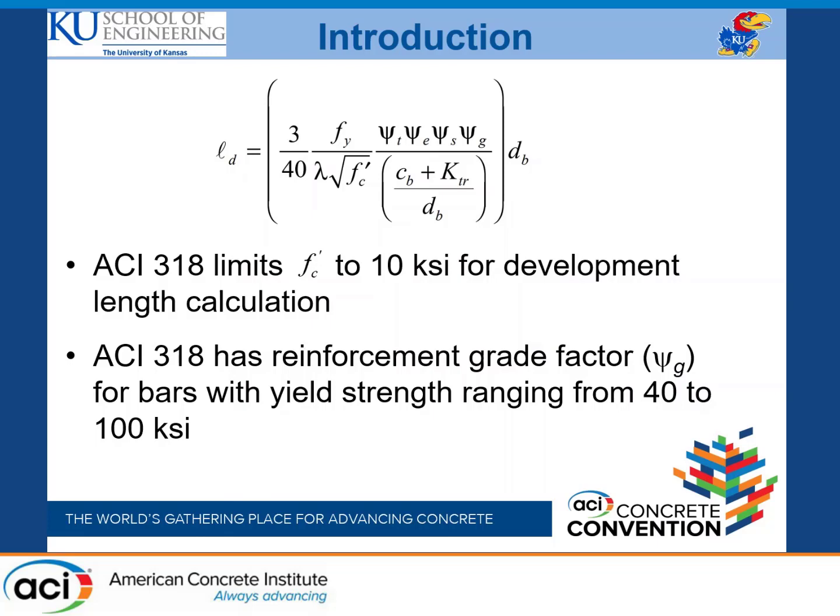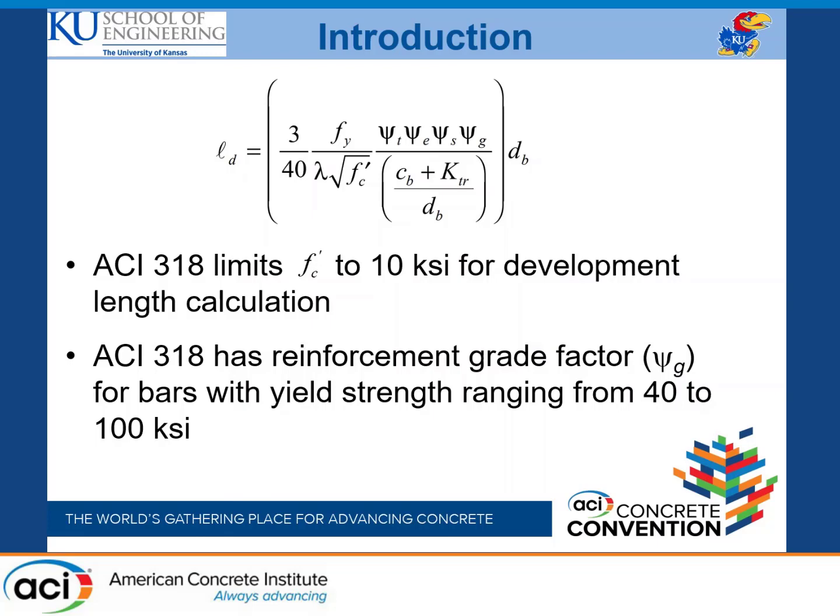Current ACI provisions limit f'c to 10 ksi while calculating development length. As you can see, there is the square root of f'c to account for the contribution of concrete strength to the development length.